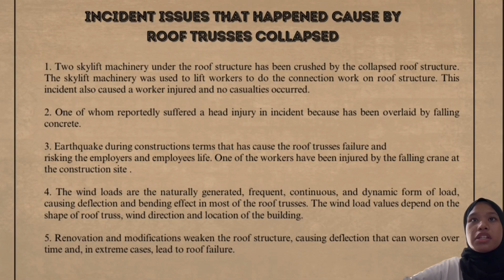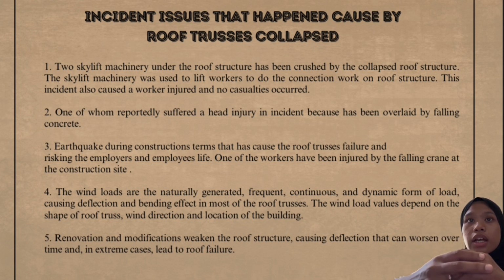For the incident caused by the roof trusses collapse, first, two skylifts under the roof structure were crushed by the collapsed roof structure. The skylift machinery was used to lift workers to do the connection work on the roof structure. This incident also caused a worker to be injured, and no casualties occurred.